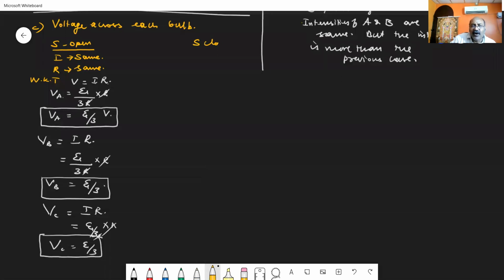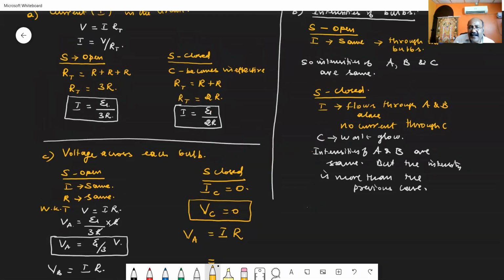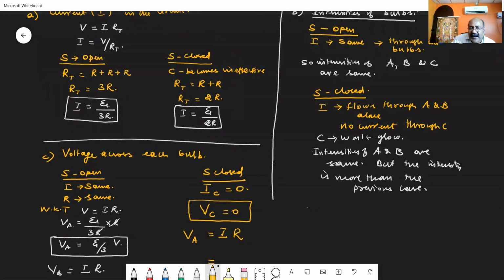Similarly, calculate the voltages when S is closed. When S is closed, the current through C is equal to 0, so the voltage across C is equal to 0. We have calculated the voltage across C first. Voltage across A is the current through A and the resistance of A. When the switch is closed, the current available is E by 2R.